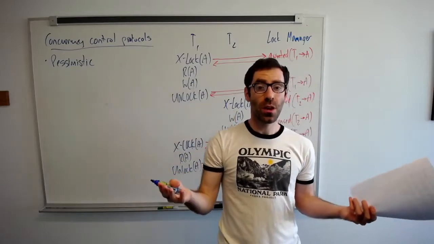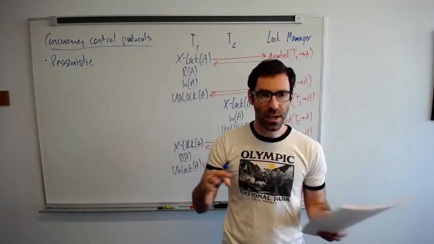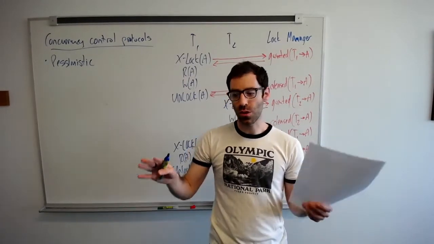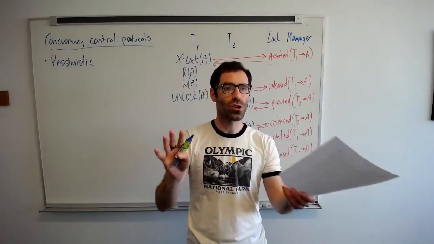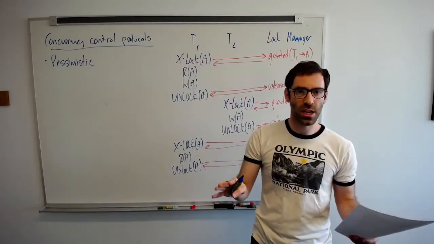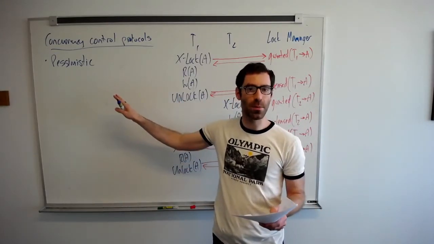I'm just going to assume that transactions are going to conflict. I'm going to choose a protocol that will prevent these conflicts from occurring. So it's committing to doing extra work or putting additional constraints on the scheduling of transactions in the database system in order to make sure that there just can't be conflicts.